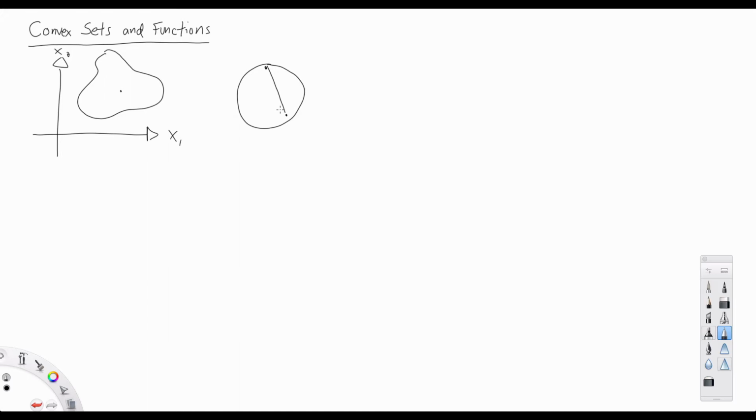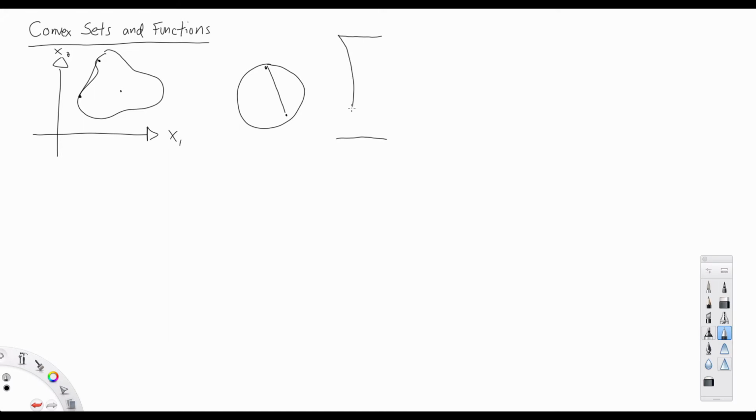Let's go through a couple of examples that are not convex sets. So the first set that I drew is actually not a convex example. So if I have these 2 points, both of which are in the set, but then I draw a line in between those points, that line goes outside of the set. That's sort of like this biconcave lens example that we looked at.